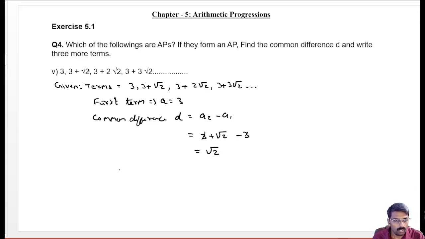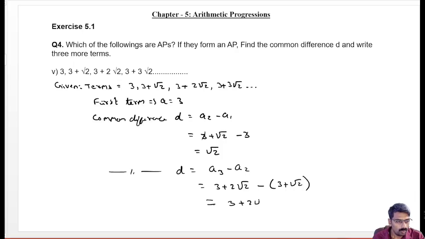So similarly, the second common difference D would be equal to A3 minus A2, that is equals to 3 plus 2 root 2 minus, we would leave in a bracket, 3 plus root 2, which is 3 plus 2 root 2 minus 3 minus root 2.